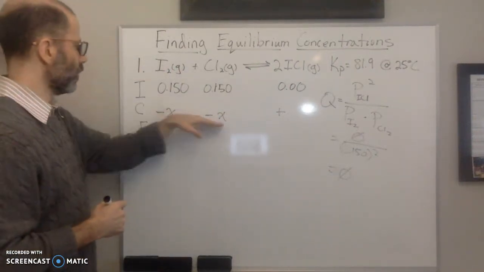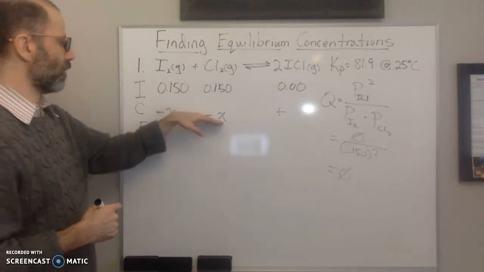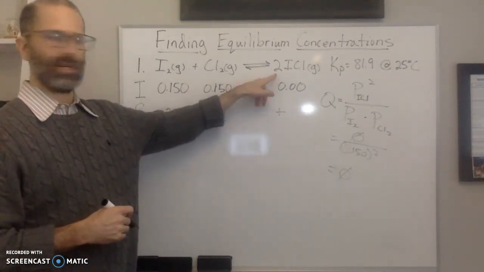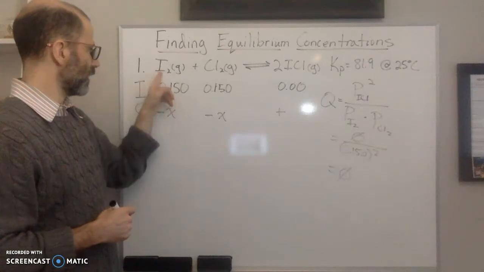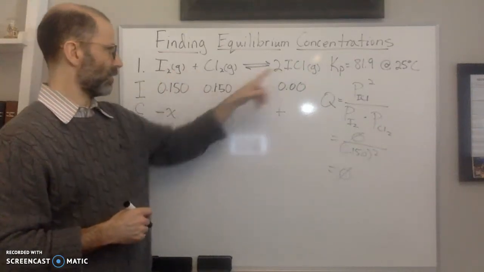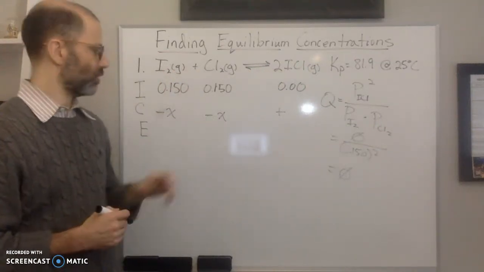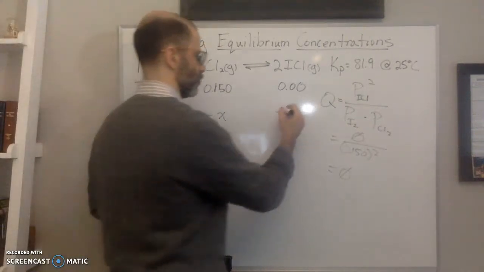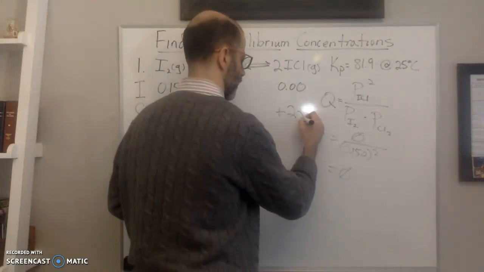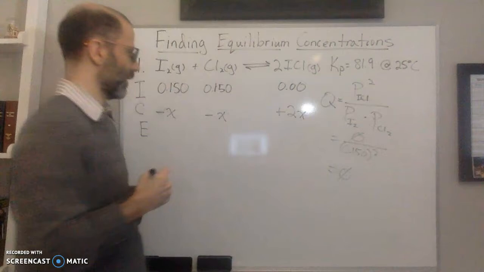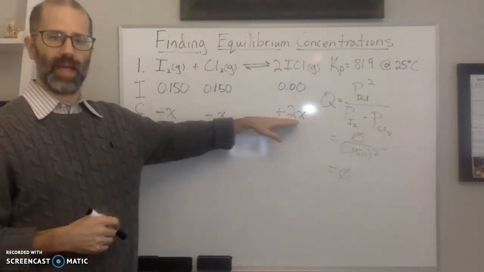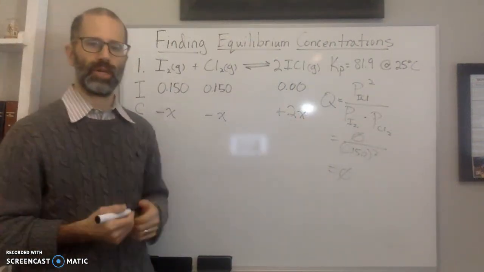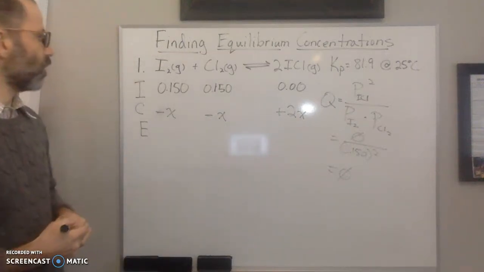So here we're going to lose X for each of our reactants, and then we're going to gain 2X because the relationship between these two and this one is 1 to 2. So if we lose 1X here, we're going to gain 2X here. And again, this is positive, so it means we're gaining product. So this is how much product we'll gain when we reach equilibrium.